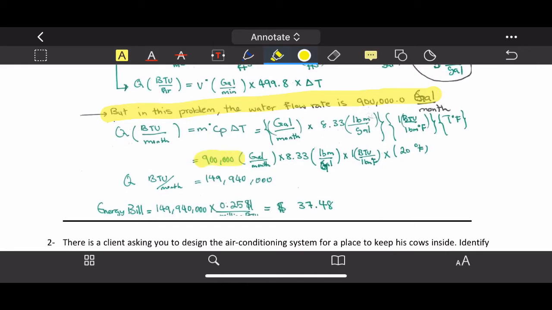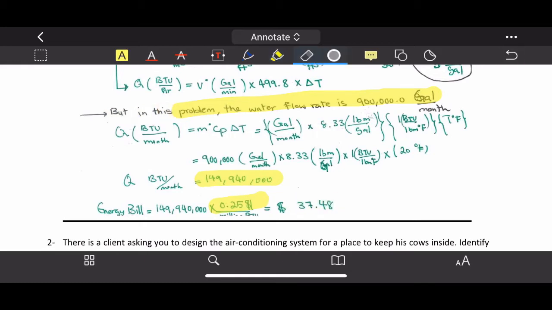So you plug in 900,000 gallon per month times 8.33 pound per gallon, and then 1 BTU over pound mass degrees Fahrenheit and 20 degrees Fahrenheit. So the answer per month is 149,940,000 BTU per month. You times it with 25 cents per every million BTU and you get $37.